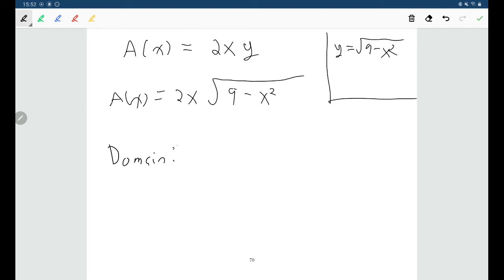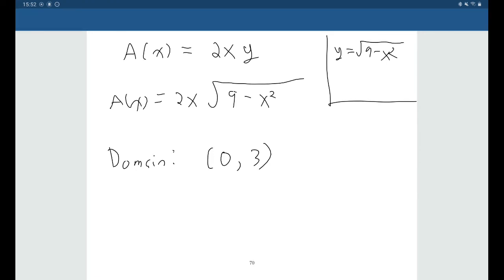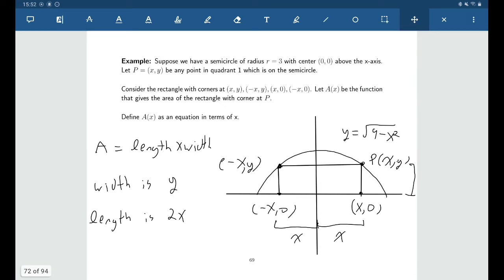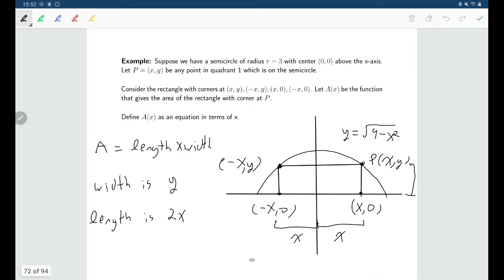would be for this function all the values from 0 to 3. Now, I'm not including the 0 and I'm not including the 3. And it's for good reason. The reason being is that if we're thinking about picking a point in quadrant 1, remember that to be in quadrant 1 is to be in the interior of this quadrant.